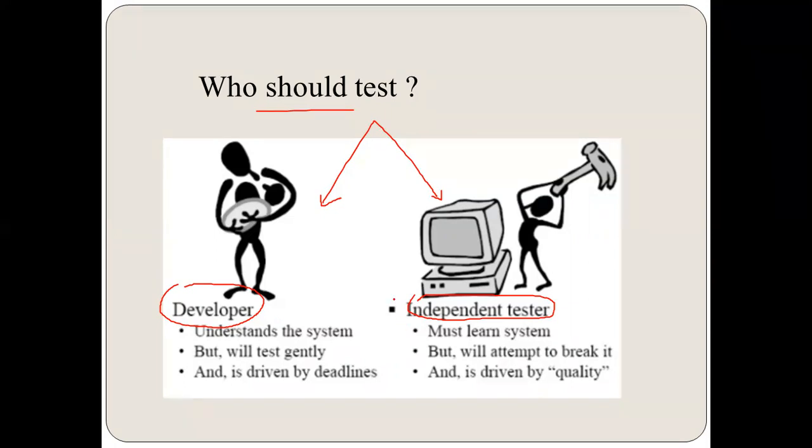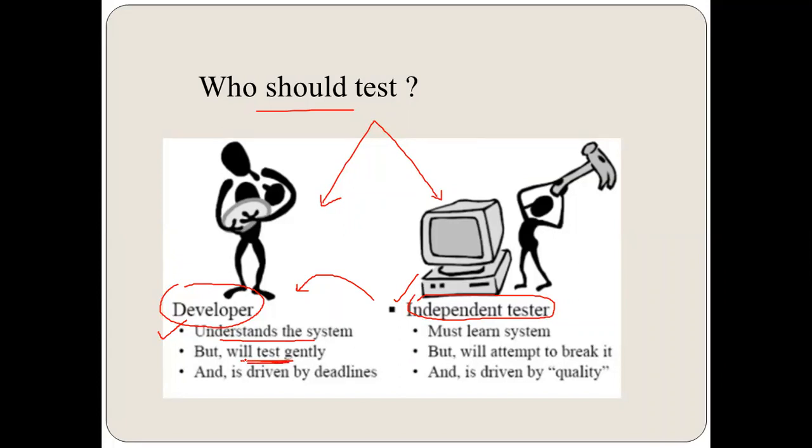But for an independent tester, it will be an easier task to find out the errors as compared to the developer. It is considered that the advantage of the software developer testing is that the developer understands the system very well, but the developer will test very gently.